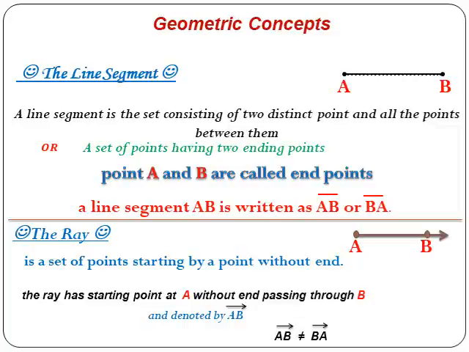The two rays are not equal; it's not the same thing. So I must write the starting point first. If I draw a ray, I draw from the starting point to infinity in the direction of B. So ray AB is not equal to ray BA. Let's continue.